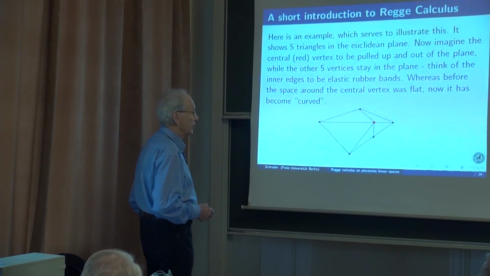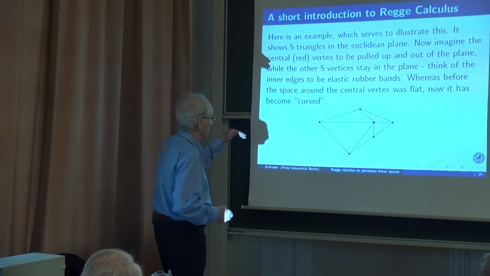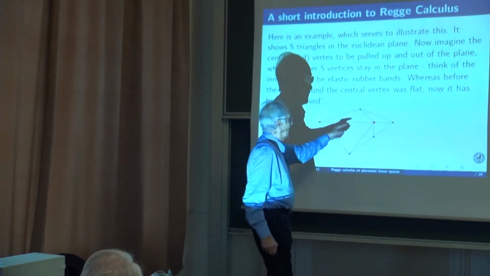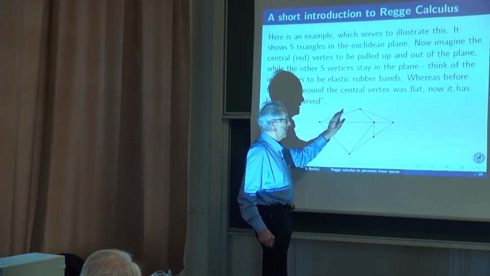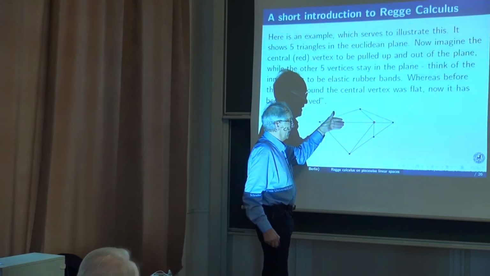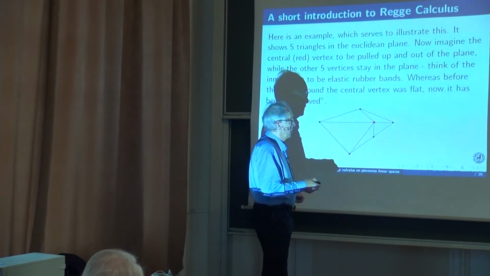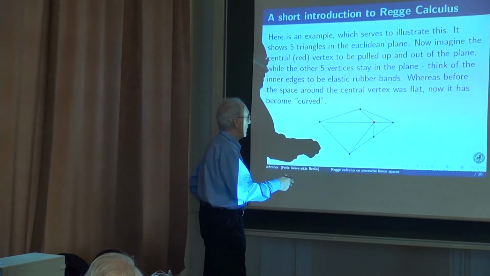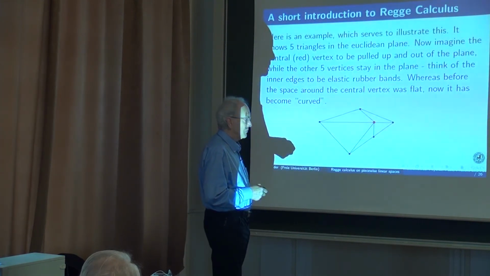Well, it should have some sort of curvature. That's what we're aiming at. If you pull this out, you would say this thing here comes out, but there's no curvature along this, because you can cut this out. Think of this as some sort of a tetrahedron. You can cut this out and flatten it out without disturbing it. But here's something else. Once you have pulled it out, it should have something like a curvature.